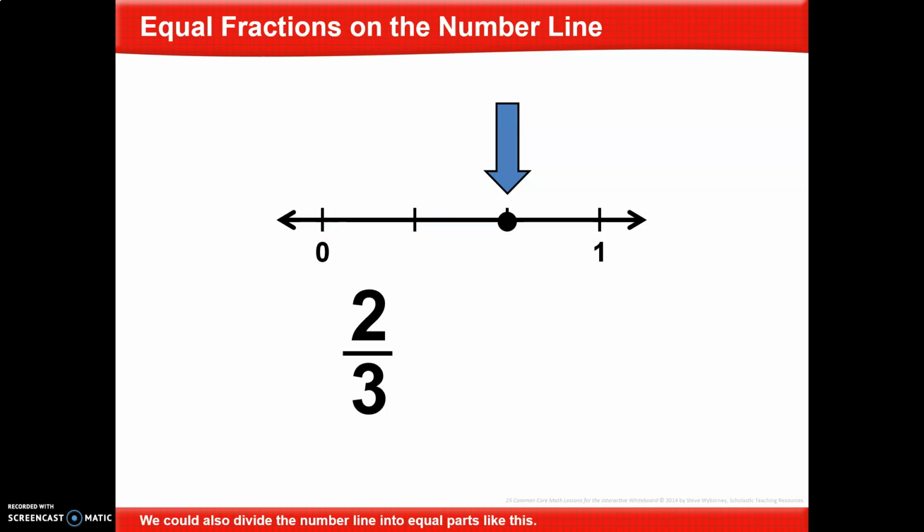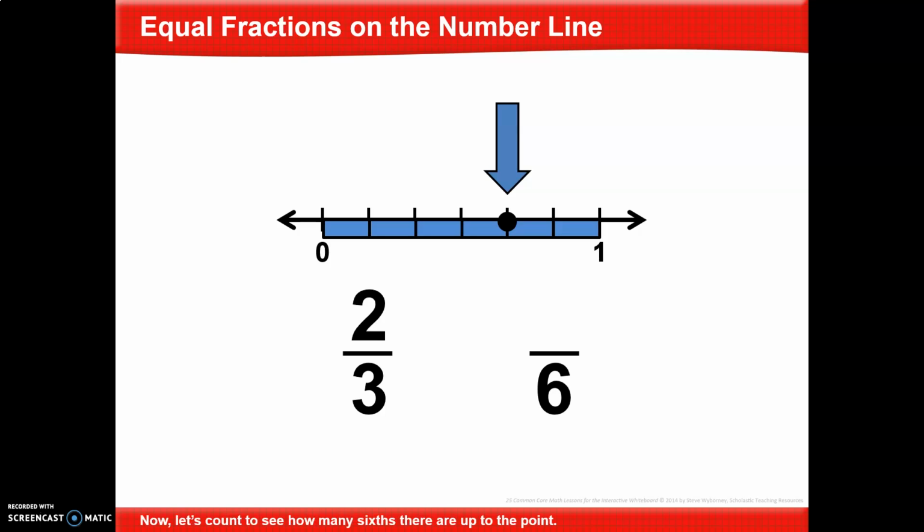We could also divide the number line into equal parts like this. Let's count to find out how many equal parts there are now. 1, 2, 3, 4, 5, 6. The distance has been divided into 6 equal parts.